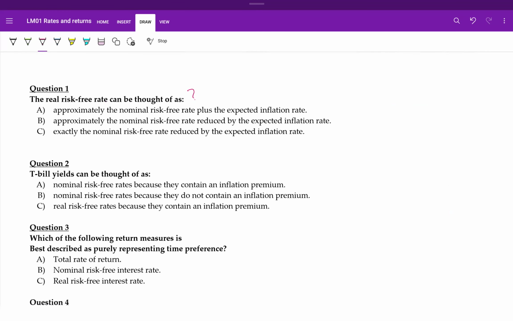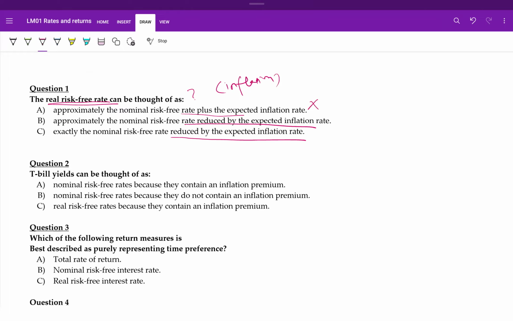So if you look at the options, reduced by the expected inflation, option C, reduced by expected inflation, option B, and risk-free rate plus expected inflation. So this is already wrong because we know that real risk-free rate does not have inflation in it.